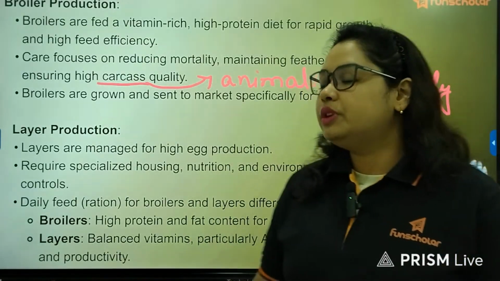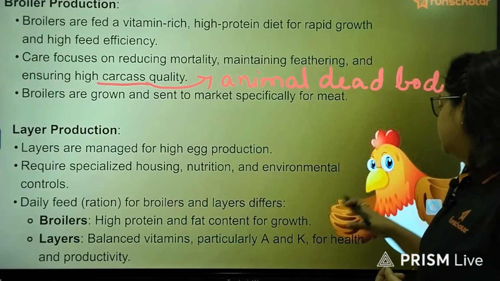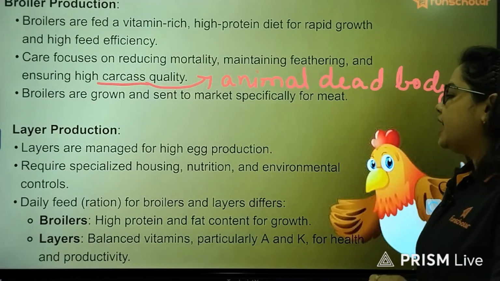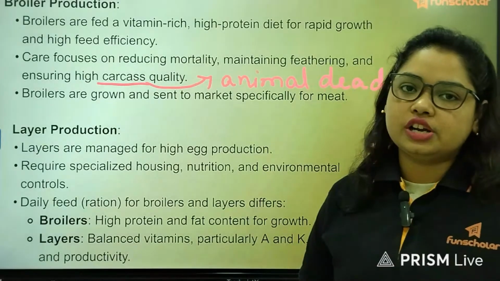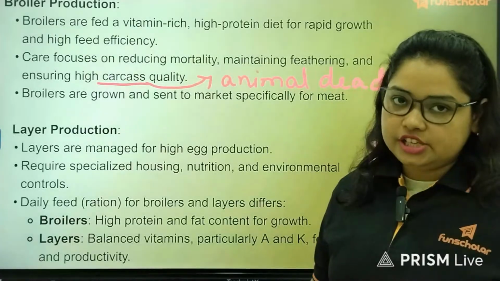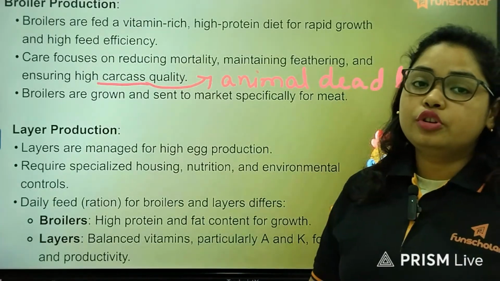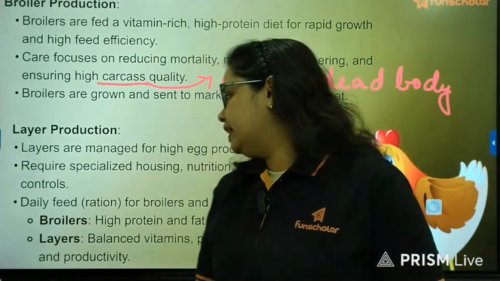So hence it should be taken care that the place where they are kept, the nutrition which they are provided with, and the environmental conditions such as temperature, moisture, all these things should be well maintained in the optimum range for them to produce the increased amount and also high quality eggs.